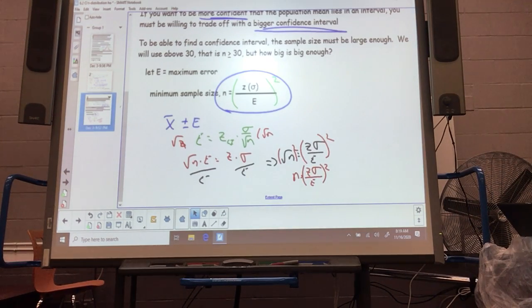Hit your right button, go over to calculate. There we go. What we want to do is calculate one variable statistics, which is the first option. Hit enter.